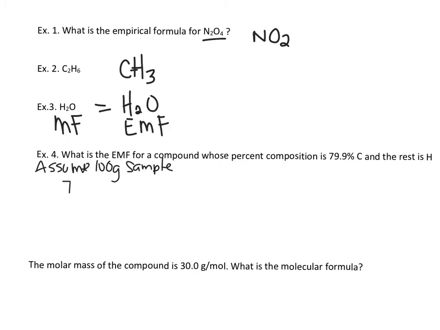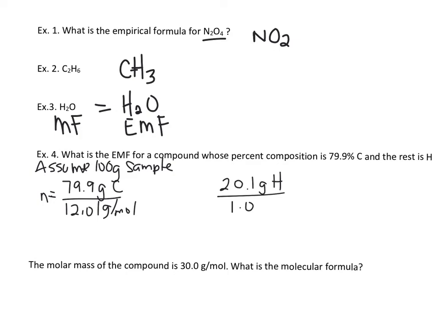So for carbon, we have 79.9 grams of carbon, and that must mean we have 20.1 grams of hydrogen. Now we need to find the number of moles, so take those numbers and divide by the molar mass of each of those elements. And that gives you the moles of each element in the compound.